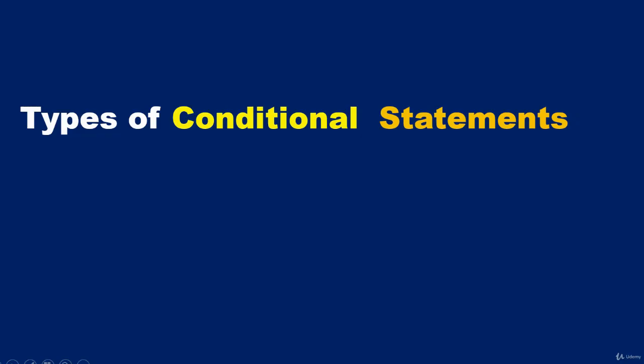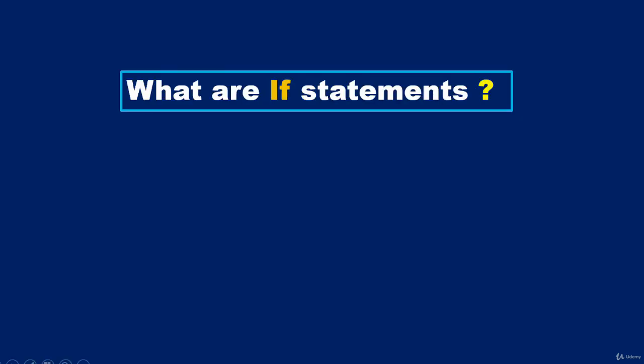There are three main types of conditional statements: the if statements, the elif statements, and the else statements. What are if statements? If statements are used to check conditions before executing a certain block of code.